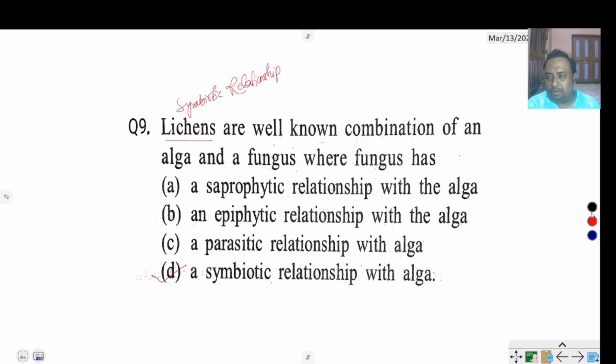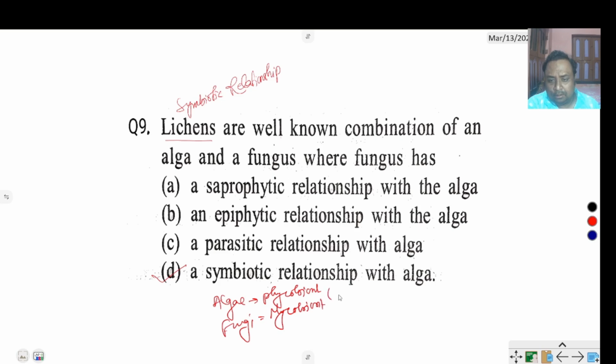Why? Because the algae is called phycobiont, and fungi, in this relationship, fungi is called mycobiont.